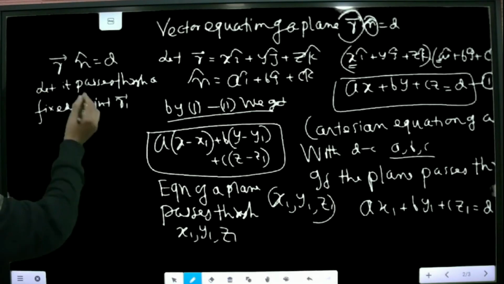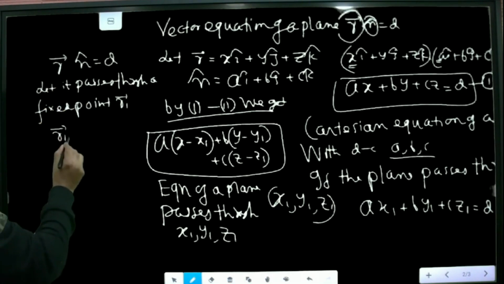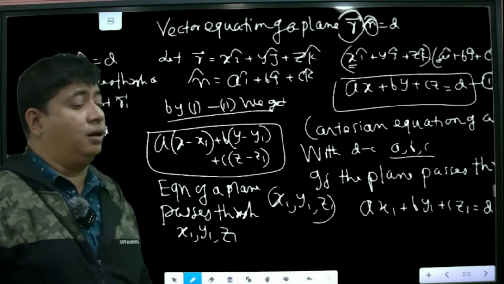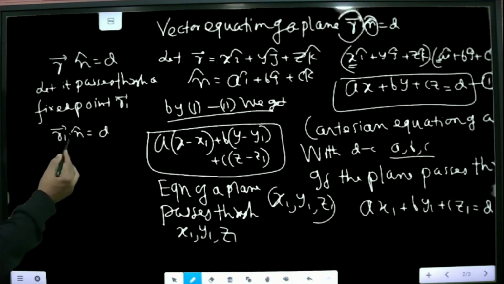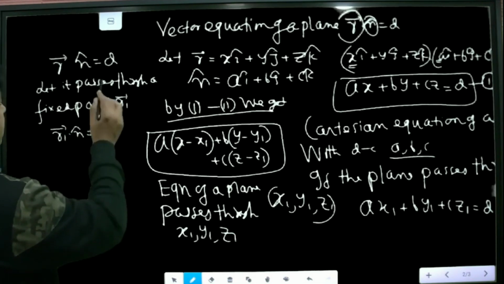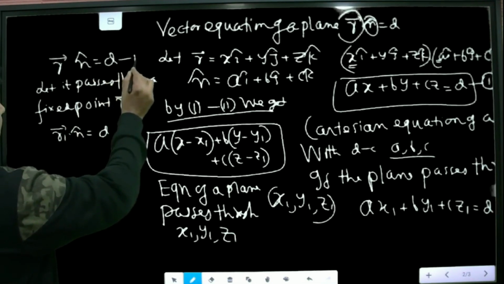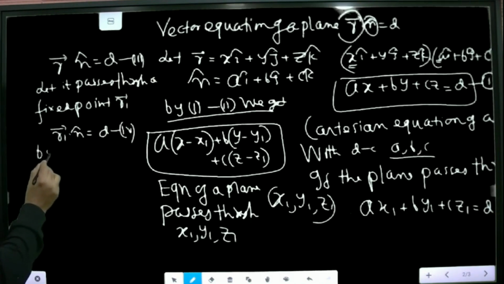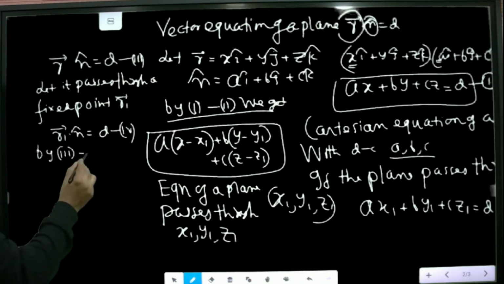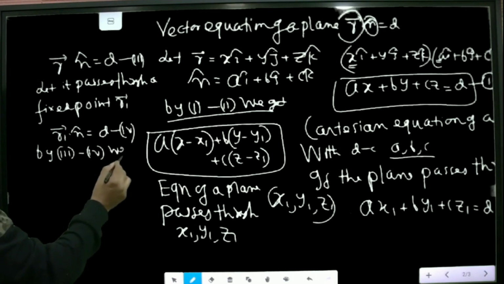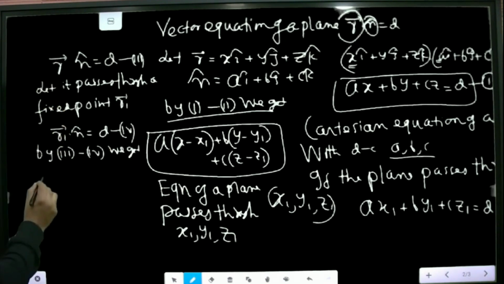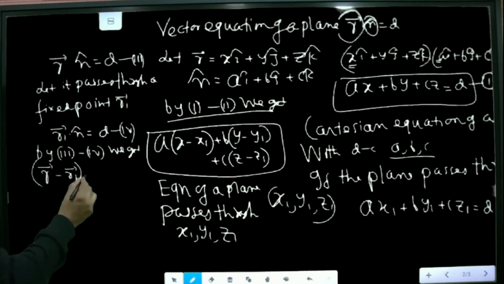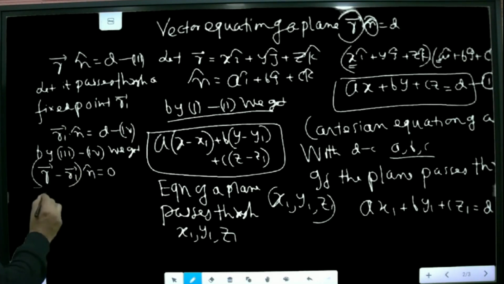Put it here, it will satisfy the equation like Cartesian. The same thing will be recorded: R1 dot n is equal to d. Let us label it by 3 and this one by 4. So 3 minus 4, what do we get? R minus R1 dot n cap is equal to 0.